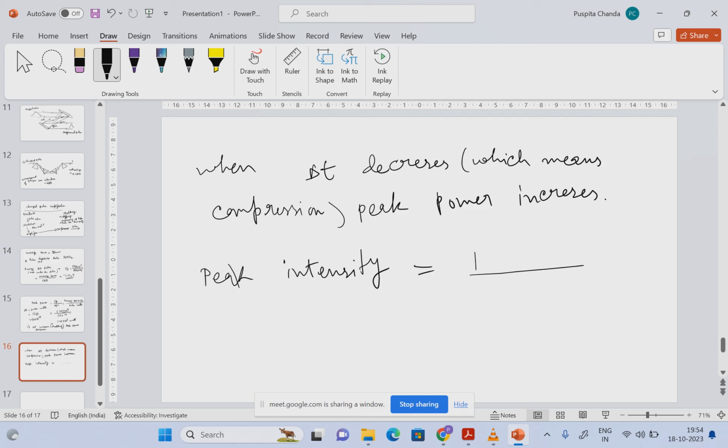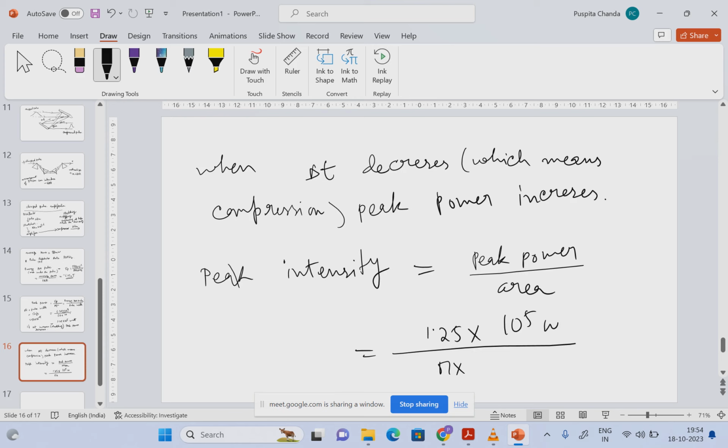Peak intensity will be peak power by area. Okay, so 1.25 into 10 to the power 5 watt divided by pi R square.